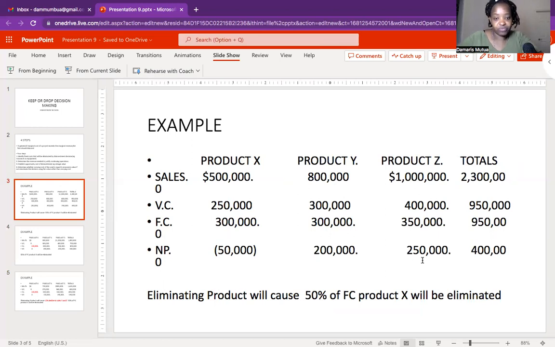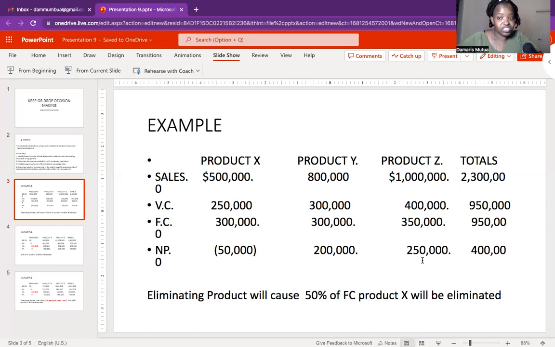So you evaluate what is gonna happen to the sales by eliminating one product, eliminating one department, what is gonna happen to the fixed cost, what is gonna happen to the sales of the other product or the sales of other departments.